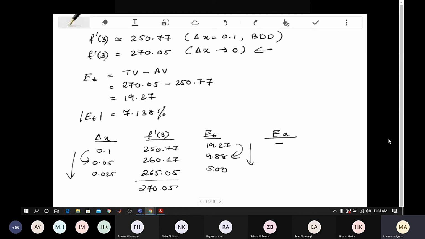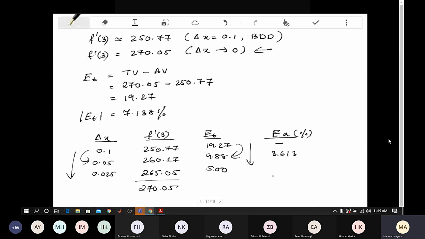Any other answers? Okay, I haven't calculated this one here, so I'll just take your values. You're saying this one is 3.613%. So this is in percent.